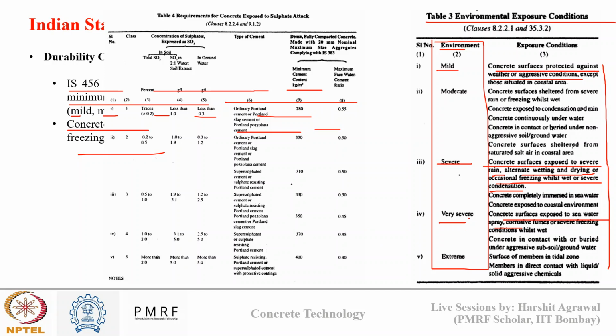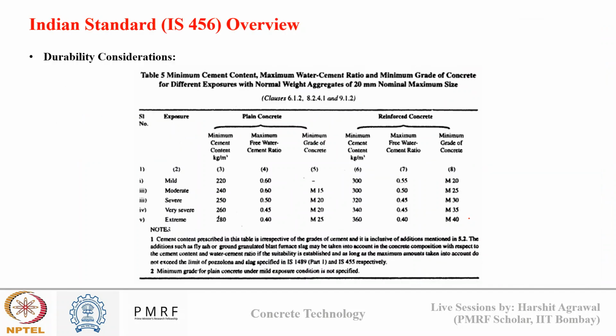Okay, now for the very severe category and for a reinforced concrete structure, I have limits of minimum cement content 340 kg per meter cube, maximum water to cement ratio of 0.45, and minimum grade of concrete M35. So this is how during concrete proportioning we use IS 456 to set limits on different design parameters. Okay, and these design parameter limits we need to take care of when we do proportioning according to IS 10262.